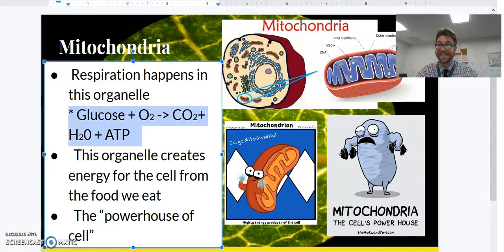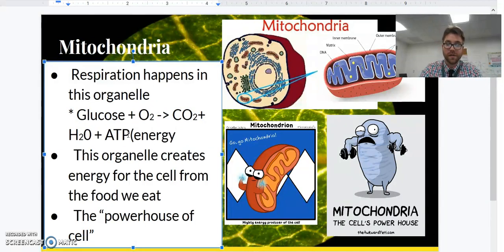Glucose, which is C6H12O6, plus oxygen, gives us CO2, H2O, and ATP. ATP is energy. It's our body's energy. This organelle creates this energy, ATP, out of the food that we eat. Because of that, we nickname it the powerhouse of the cell. It creates all the power for the cell.